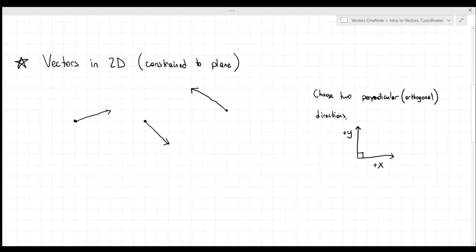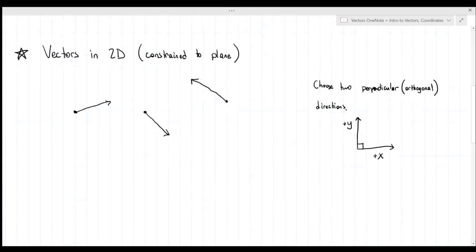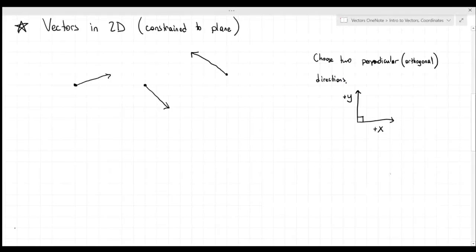So, we usually choose the right direction to be the positive x direction, and then upwards to be the positive y direction. Although this is quite arbitrary, so in some problems in physics, you might prefer to use maybe a different set of orthogonal directions for the positive x direction and positive y. Okay.